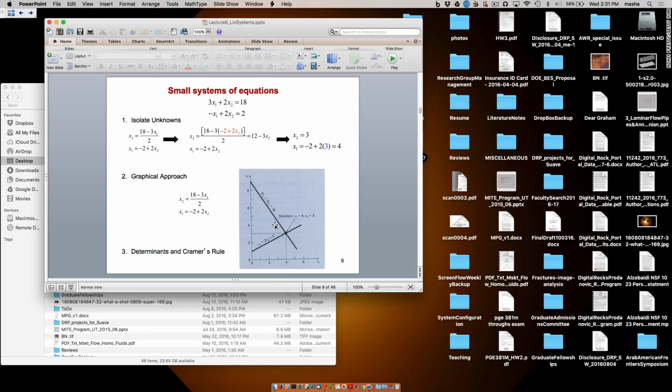So if you have MATLAB open, you can just, for kicks, plug things in.